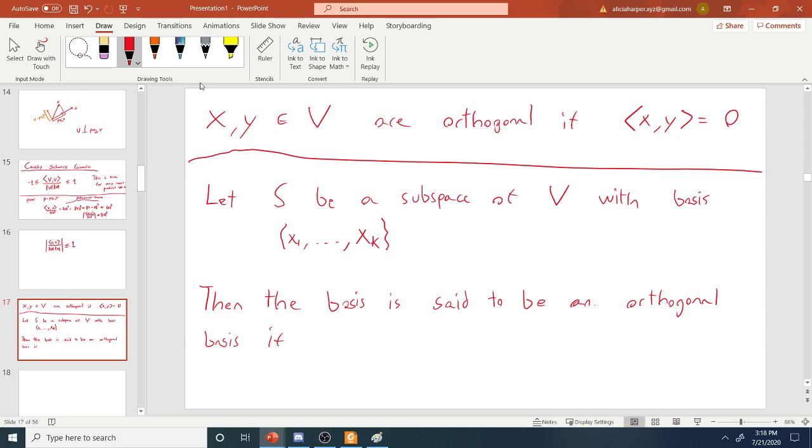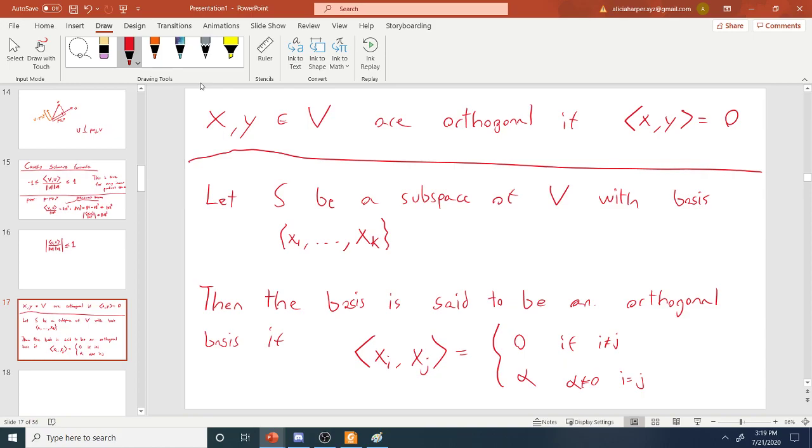if the inner product of xi with xj is equal to 0 if i is not equal to j, and alpha, where alpha is not equal to 0 for some alpha, if i is equal to j.